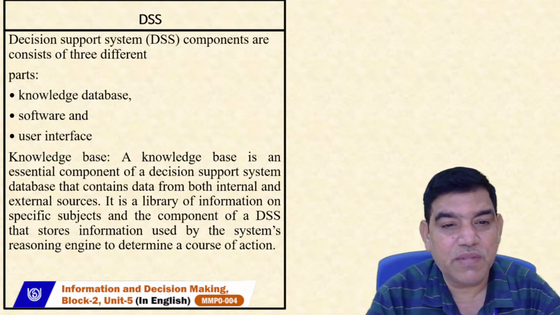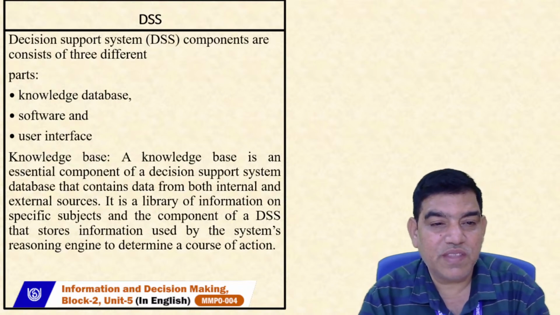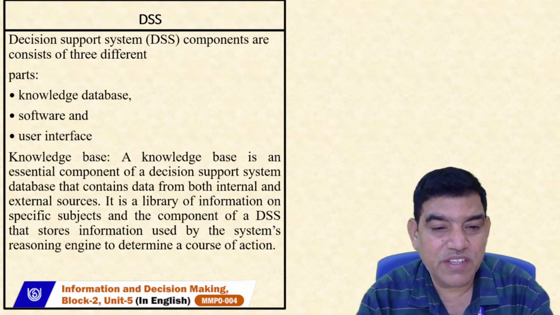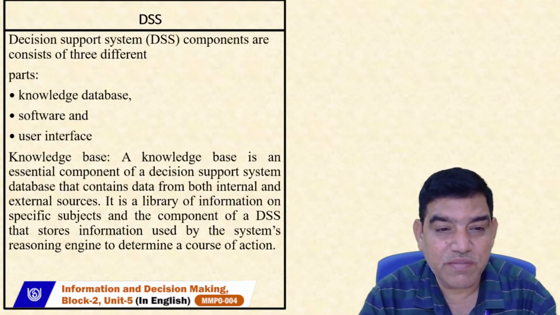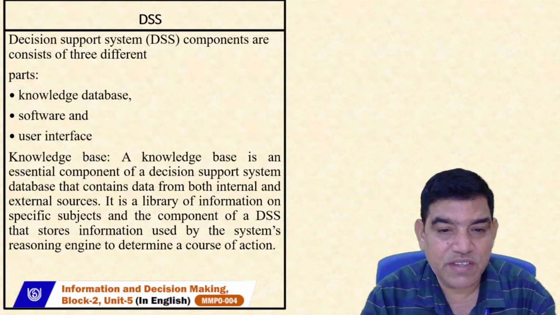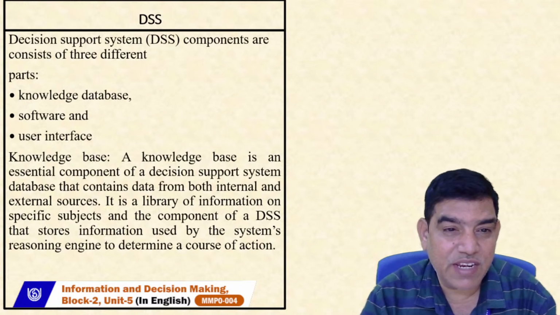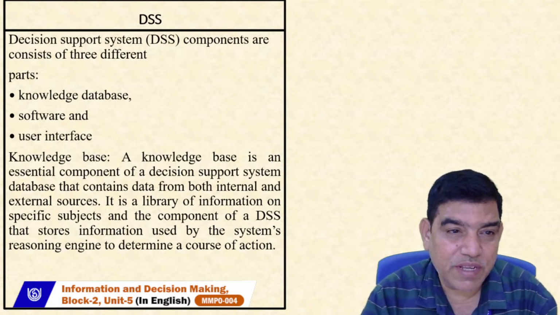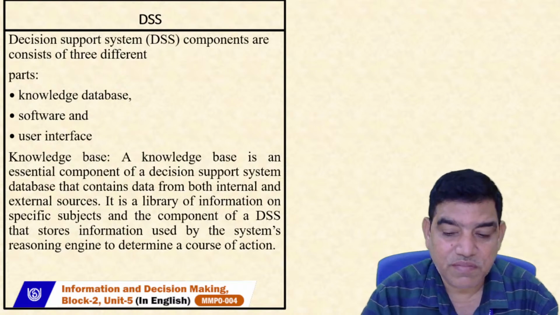That is the meaning of knowledge base. Knowledge base means every information, it is a library, it is a repository system. It is a library where all the information is available on specific subjects. And that knowledge base gives the right information during the decision making process to the users.